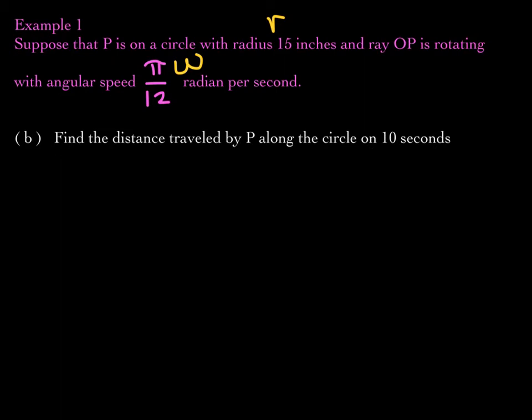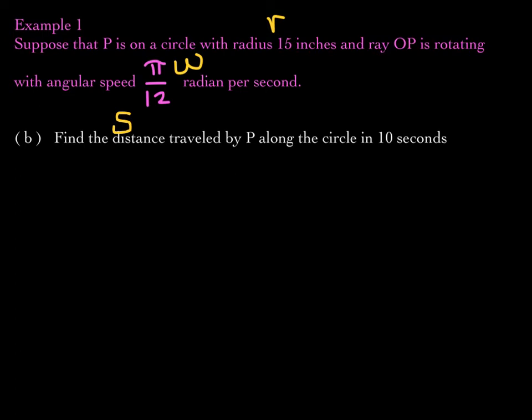Now the second part is find the distance traveled by P along the circle in 10 seconds. Let me change that for us. Now, when they say find the distance, that means you are looking for S. Remember, S is representative of the distance.